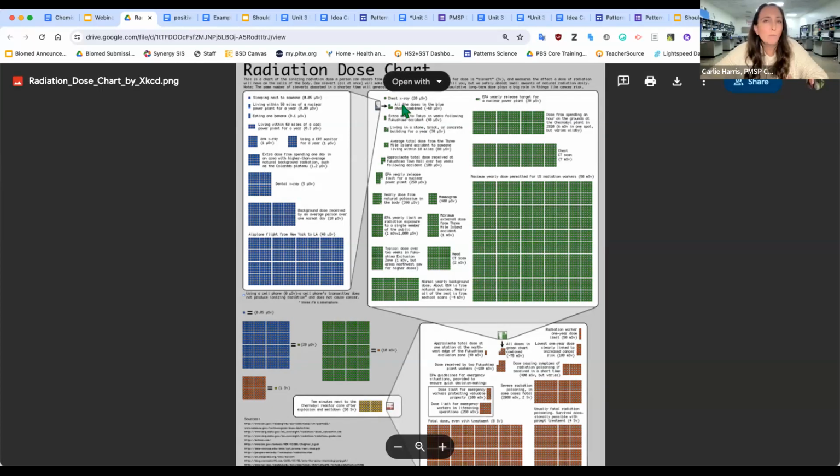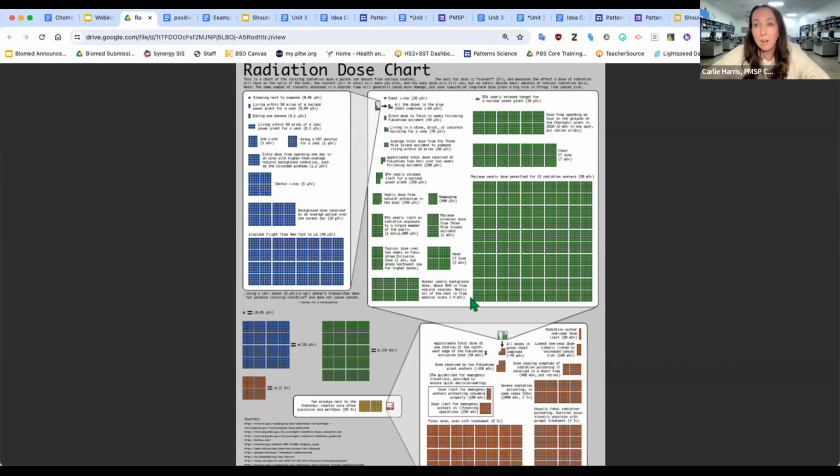It's really small, but up at the top, if they have a chest x-ray, right? Or if they go to the dentist, and that's not daily, it's probably yearly or every other year, they can just do a little calculation for themselves.